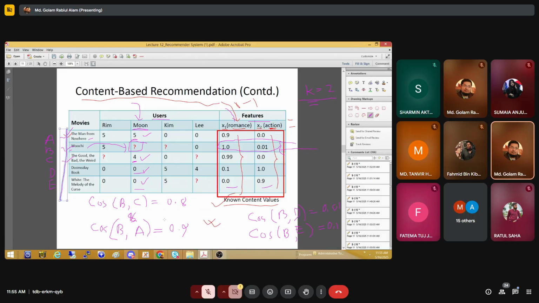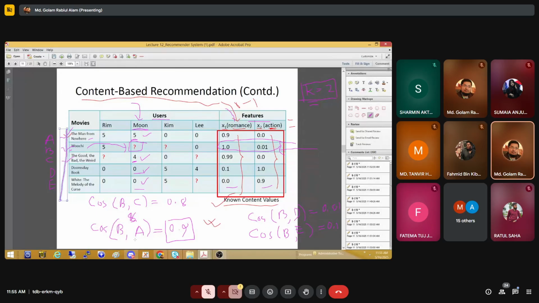Then based on the similarity, we have to find the nearest neighbors. We want to find two nearest neighbors. The higher the similarity, the more we consider it a neighbor of B. So we sort the similarity, and we can see this is the highest.